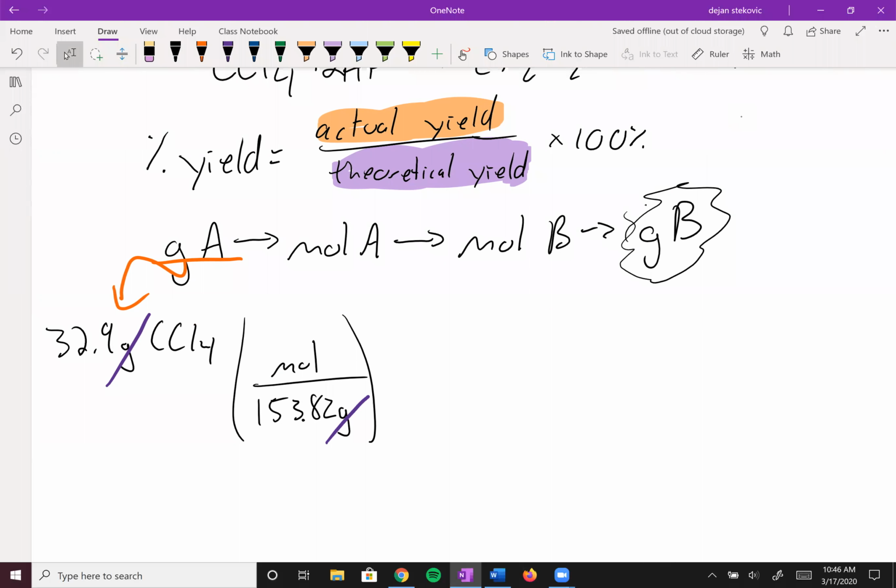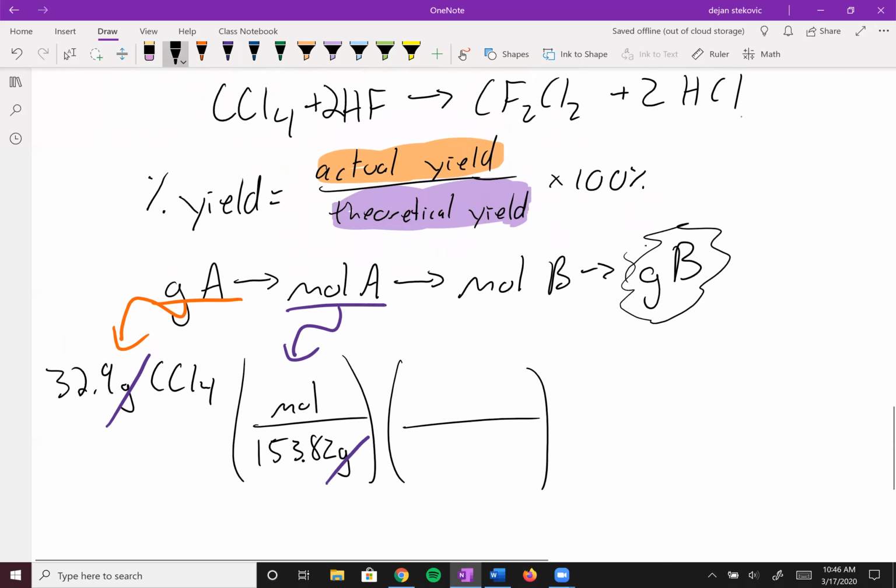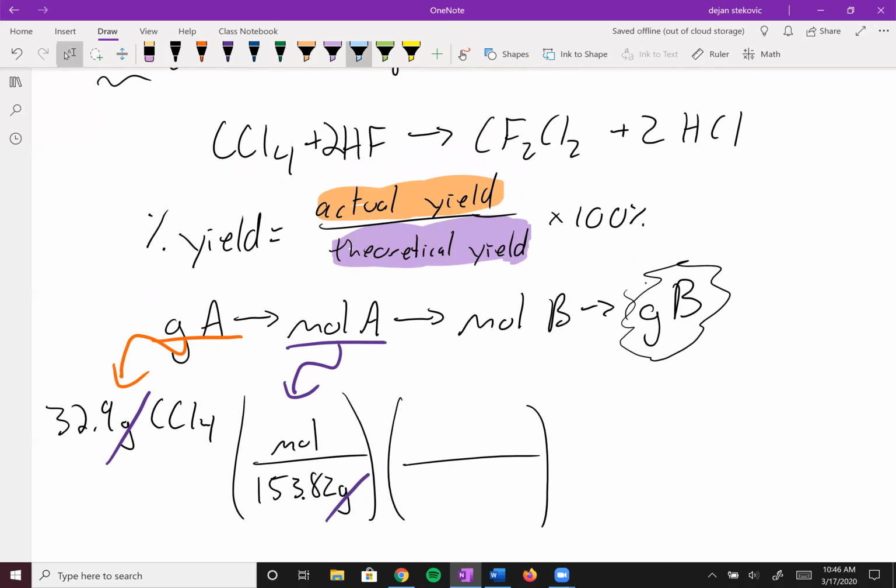Well, no, we need to get to grams of the Freon. So how do we do that next step? Well, we've got to keep going, right? That was grams of A. Now we're at moles of A. The next step is to go to moles of B. When you're going from moles of one thing to moles of another thing, what do you need to use? Yeah, it's your mole to mole conversion.